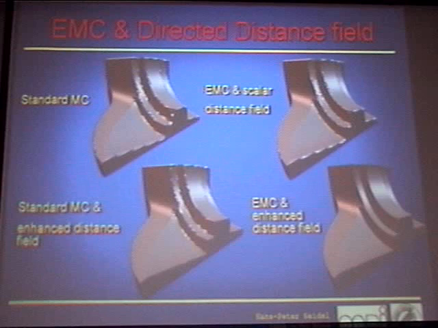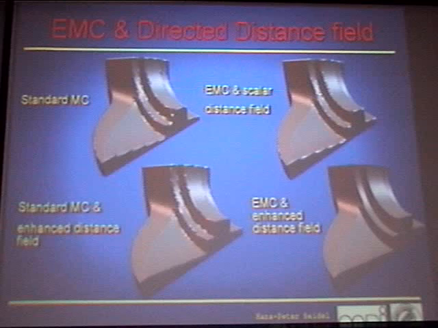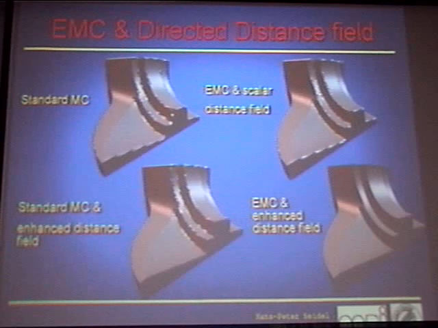On the upper left, you see the reconstruction that the standard marching cubes algorithm would give you on the same object. On the lower left, we see running the standard algorithm with only the enhanced distance field representation. That's the same image that you saw just before. And on the upper right is also something that's not satisfactory.